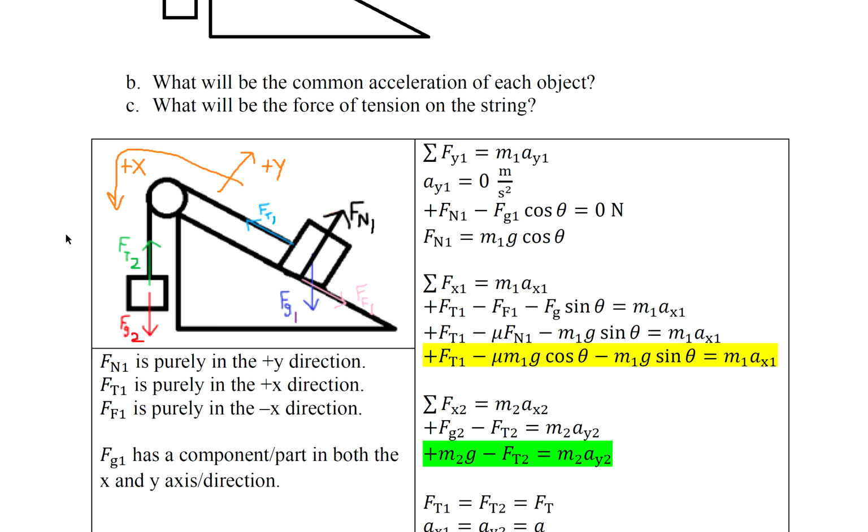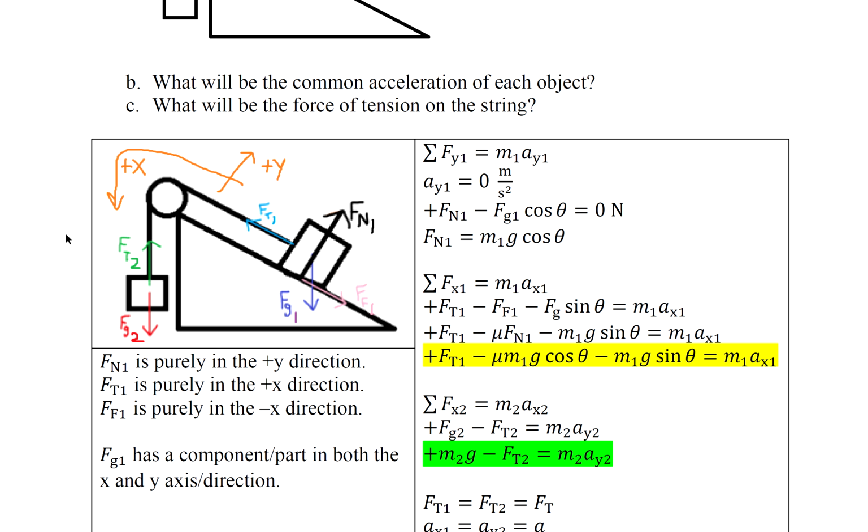That means if m1 goes up the incline and m2 goes down, we have positive x. If m1 goes down the incline and m2 goes up, then we have negative x. And positive y is 90 degrees from the surface of the incline. So positive y only applies to mass 1.